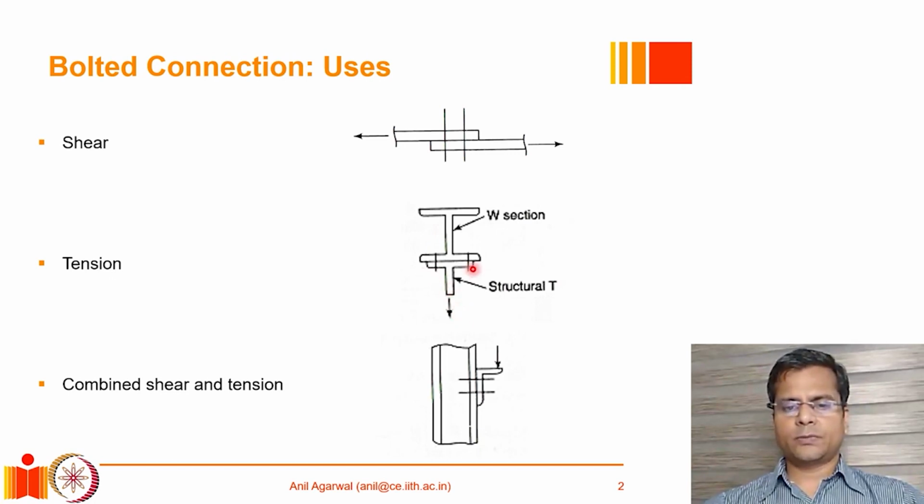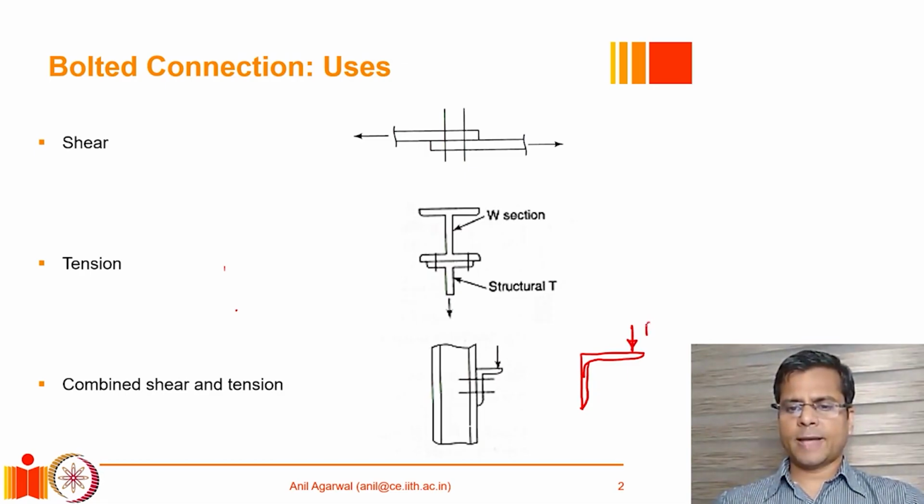Similarly, there can be situations where bolts are provided to resist a combination of tension and shear force. One such example is shown here. In this particular case, this angle is being used as a bracket to resist a vertical load at an offset from the support.